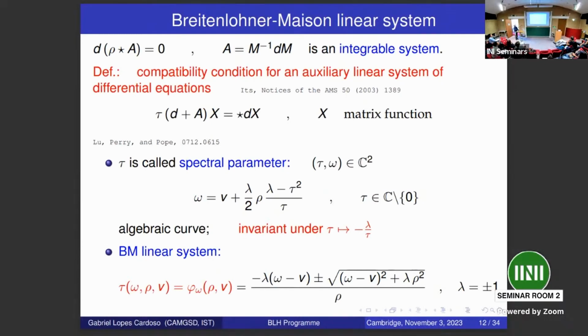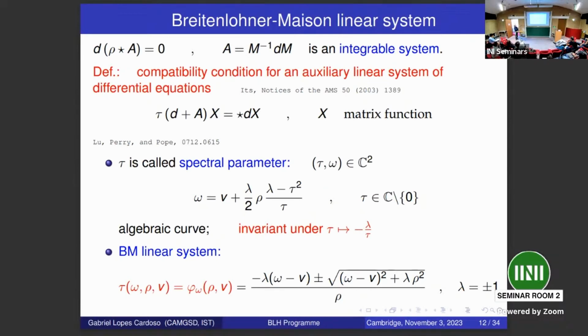You're instructed to use one of these members. So this defines a family of functions indexed by omega. You take an element of this family, you stuff it in there. So this tau gets replaced by this object, and now everything in here is a function of rho, v in the presence of a parameter omega.